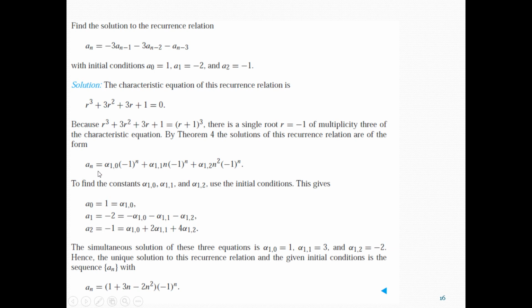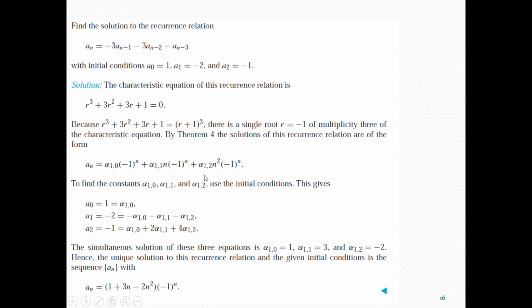So a_n = alpha_{1,0} (-1)^n + alpha_{1,1} n (-1)^n + alpha_{1,2} n^2 (-1)^n.